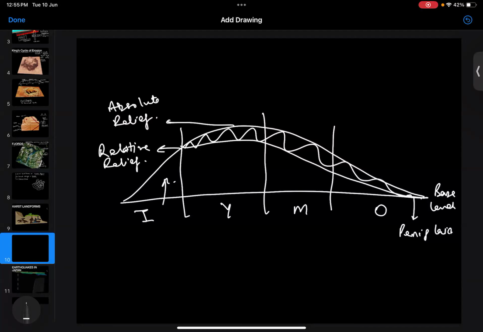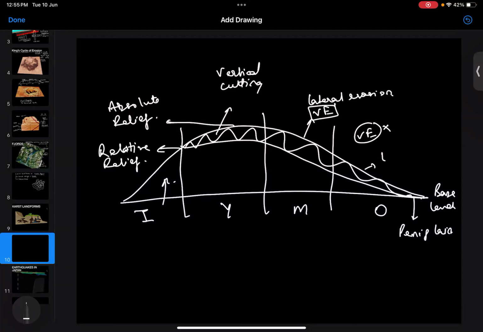Here in the youth stage, vertical cutting is dominant, while in the mature stage the lateral cutting or lateral erosion is dominant, but there is a component of vertical erosion still present. But in the old stage the vertical erosion is completely stopped and it is completely dominated by lateral erosion. Okay, so these are basic aspects which we see in the karst landform.